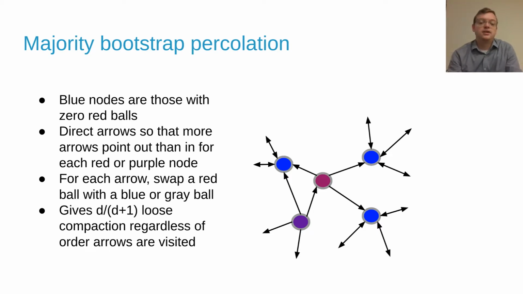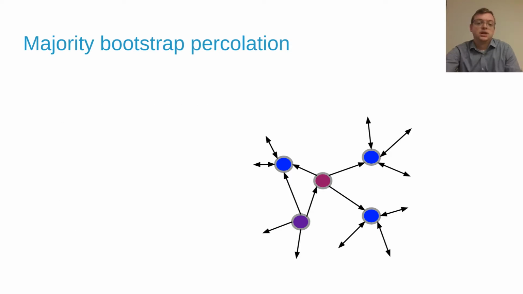So this is the loose compaction we desired. The other important thing to note here is that we can assign these arrows based only on the information about which nodes are blue and which nodes are red, which can be packed into a single memory word. Then, once this is done, we can get this compaction by visiting the arrows in an arbitrary order and doing actual client-server communication. Some questions remain.